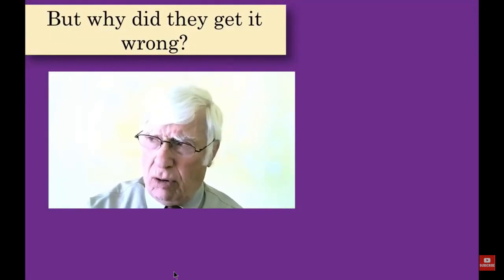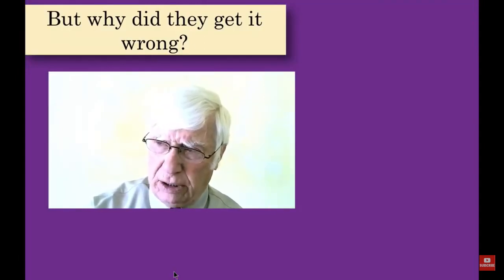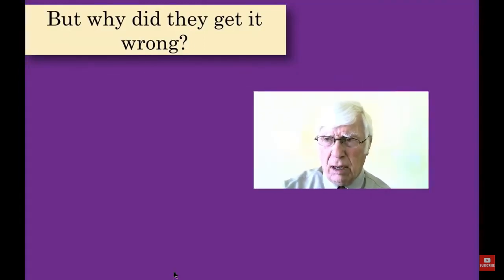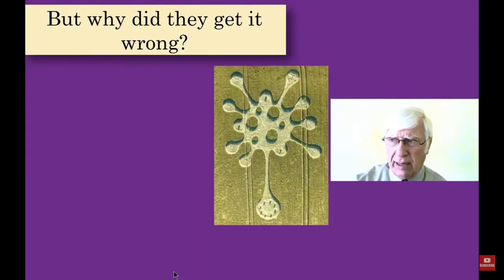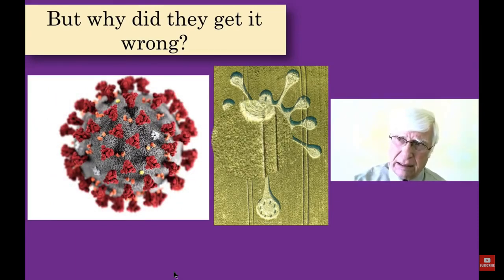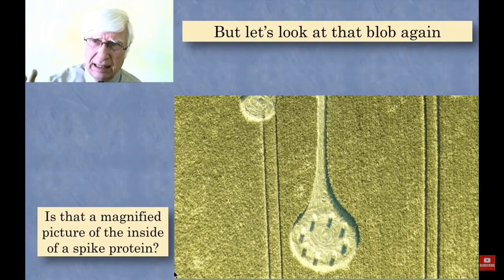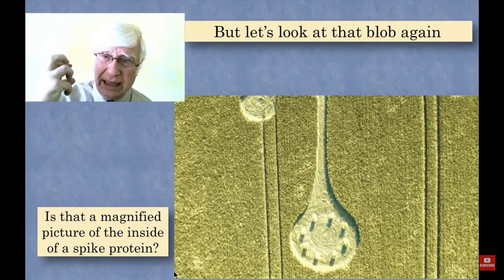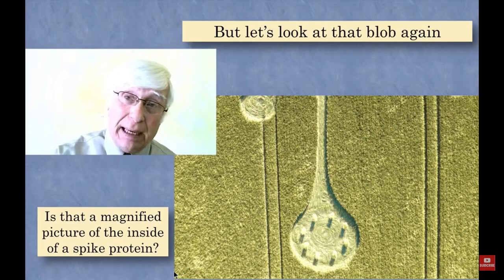So my question though was, wait a minute, if these crop circle makers are making a COVID-19, why did they get it wrong? There's no blob at the bottom of the coronavirus from the scientific model. What's that blob doing there? That's incorrect. So maybe that is an elongation and a magnification so that you can look inside the spike protein.